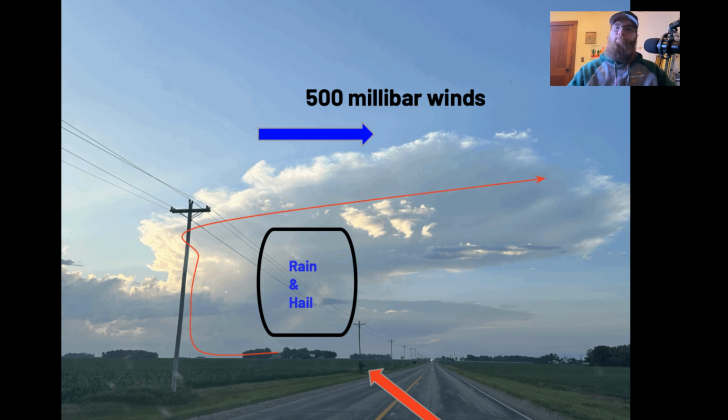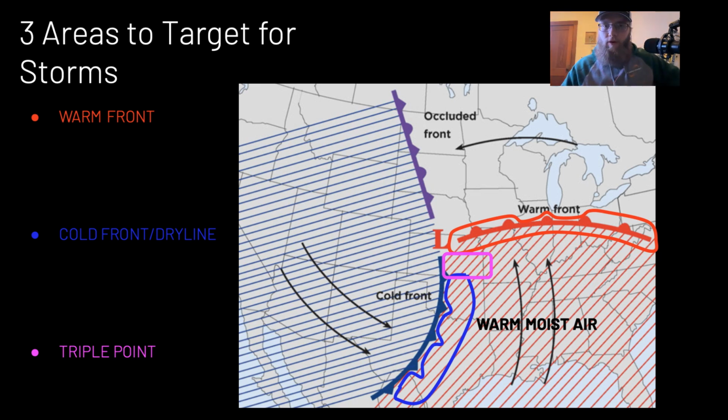But yeah. The next topic I want to go over is my 3 areas to chase on a low pressure system. These are very prominent in the springtime. You'll see a lot of these coming. But basically you have the warm front, the dry line, the cold front, and then the triple point. The triple point is where all of those meet.